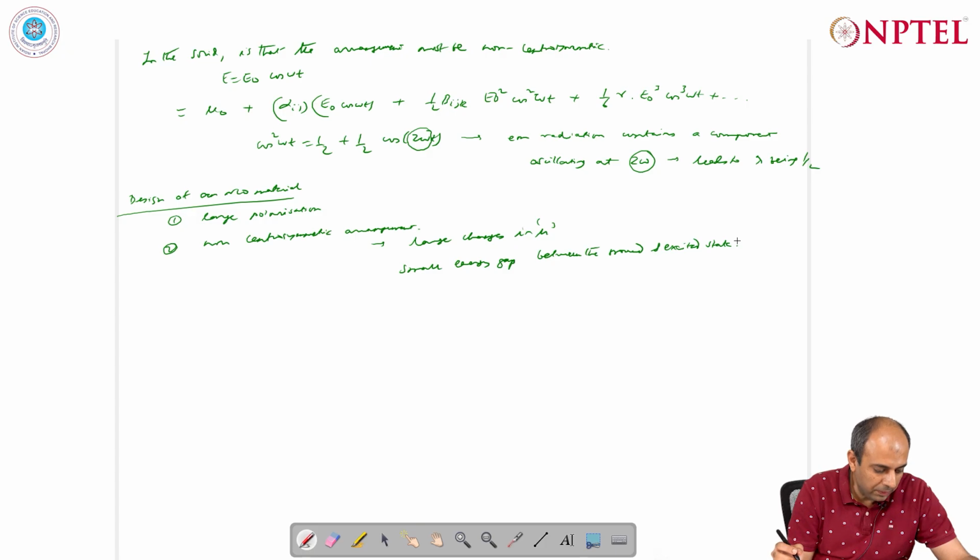In this regard, people have designed different kinds of systems which we call push-pull systems. The molecular switch was one such example, but we can take more examples.